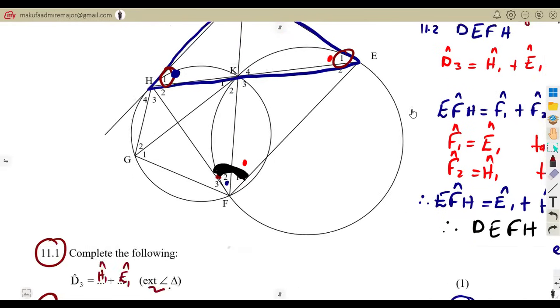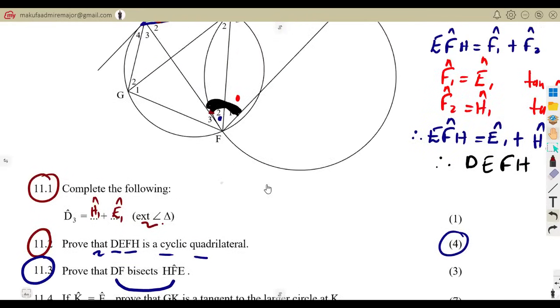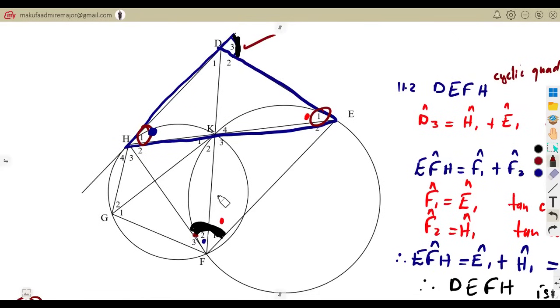It bisects angle HFE, the angle that we just calculated. So if it bisects, what does it mean? If this line DF is a bisector, it means these two angles must be equal. F1 must be equal to F2. That is what it means.